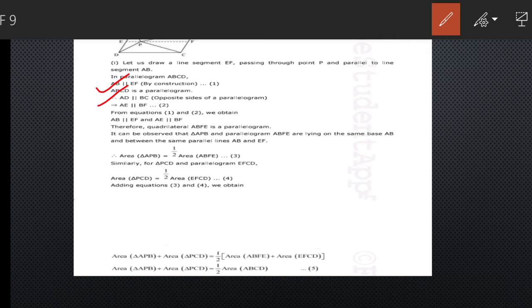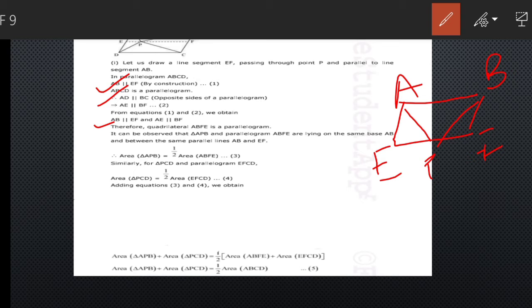So from equation 1 and equation 2 we obtain that AB is parallel to EF and AE is parallel to BF. Therefore we can say that the quadrilateral ABFE, that is the top quadrilateral ABFE, is a parallelogram, and in this parallelogram we have a triangle APB.